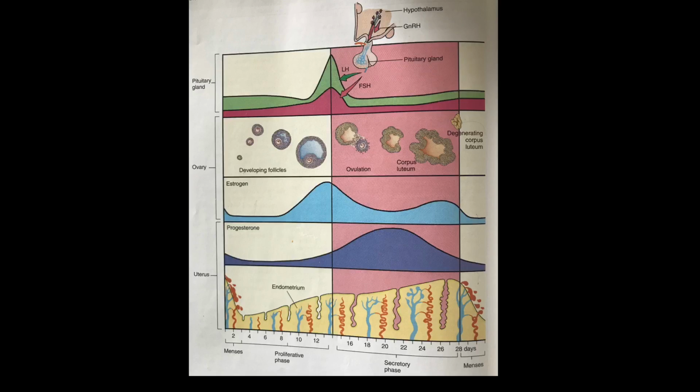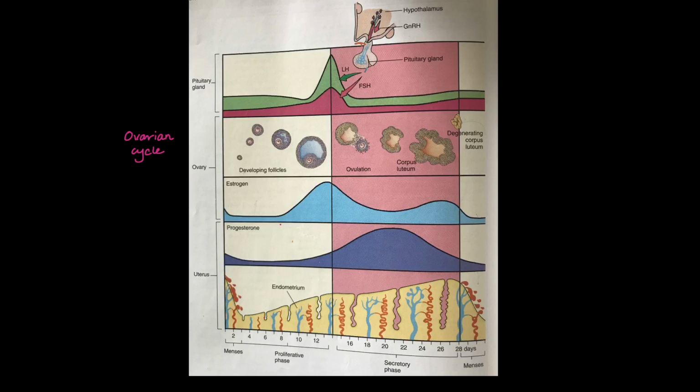So that is focusing on our ovarian cycle, because our ovaries are going to change in response to these gonadotropins, those LH and FSH levels. And how that happens is via these structural changes to the follicles, right?